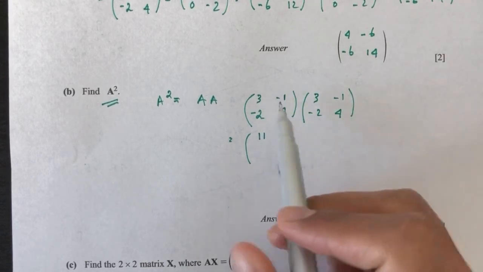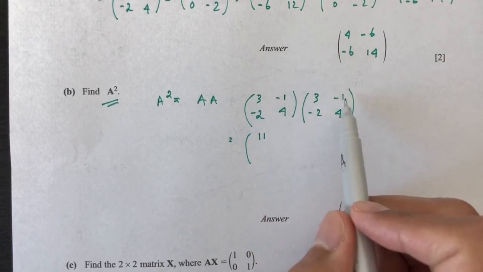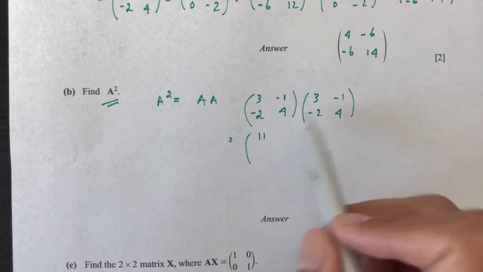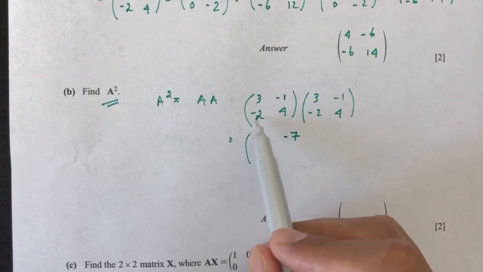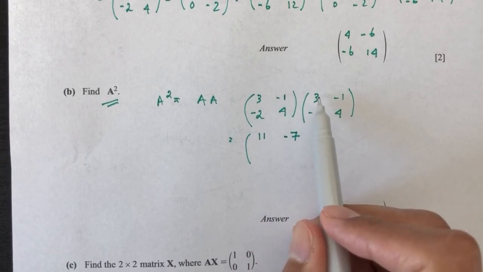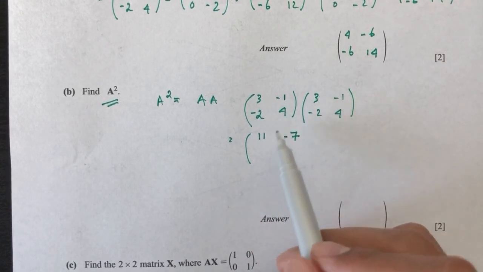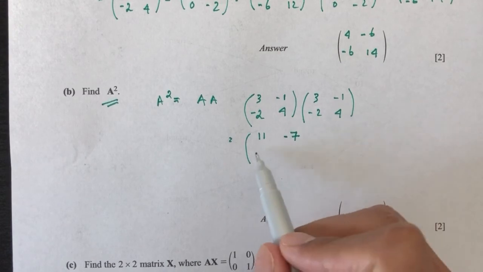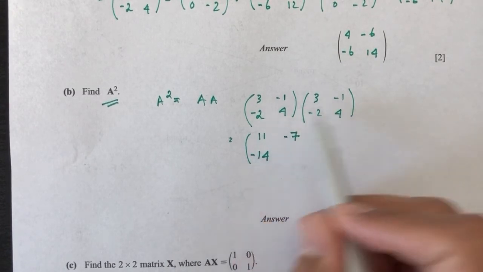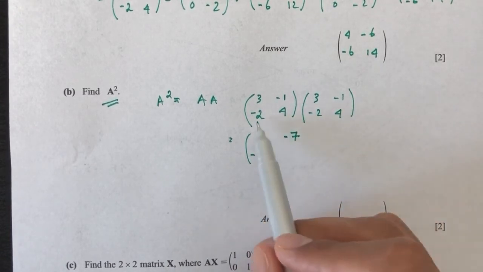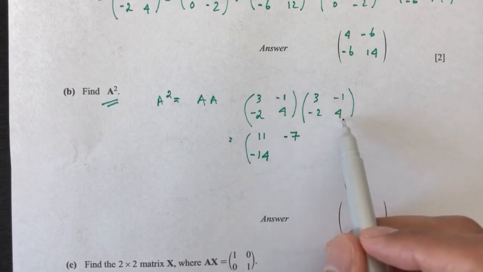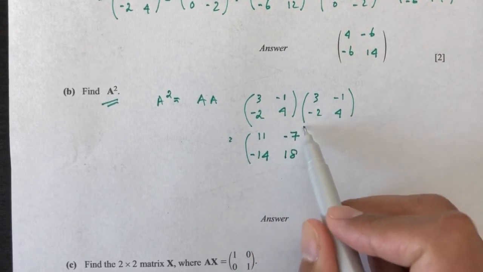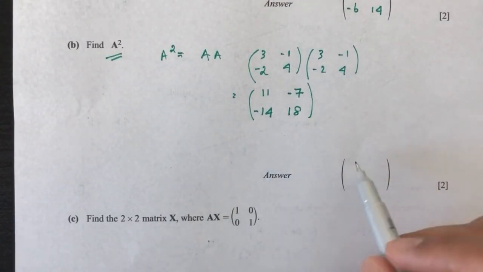So row by column again. 3 times minus 1 is minus 3, plus minus 4, minus 7. Row by column. Minus 2 times 3, which is minus 6, plus minus 8 will be minus 14. Row by column again. This is the last one. So minus 2 times minus 1 will be 2, plus 16, sorry. That will be 18. This is your answer for part B.